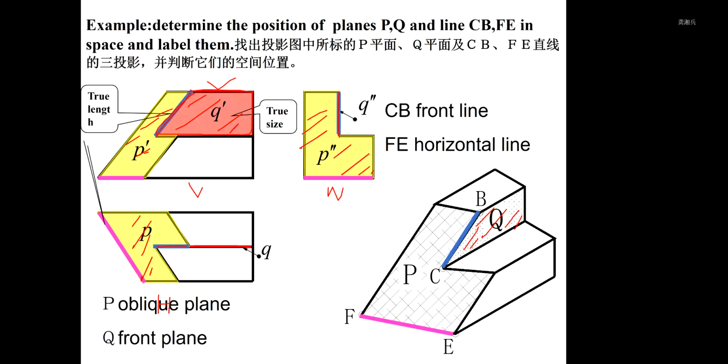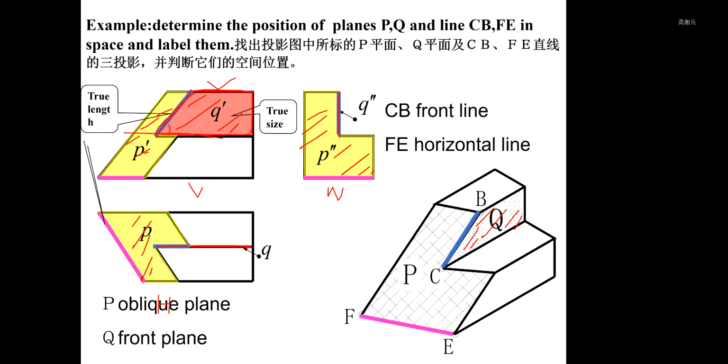BC is one kind of line because BC is a front line, because it's parallel to the front plane, and the projection on the other view is an inclined line. The other one is parallel to the folding line. So BC is a front line. Then you can get the true size and the true angle from this one.